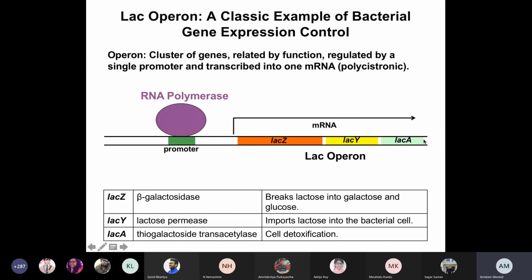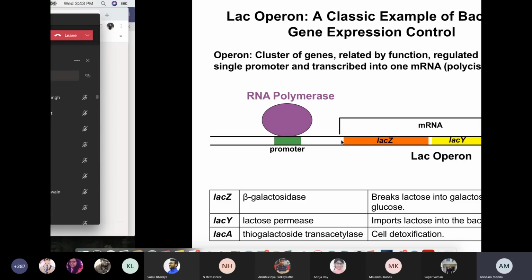And these genes are clustered together and situated under the control of the same promoter, so that once the promoter gets switched on, all three genes will get transcribed. Such an arrangement in the genetic architecture is known as an operon. Such clusters of genes are known as operons. For this particular case, it is known as the lac operon.